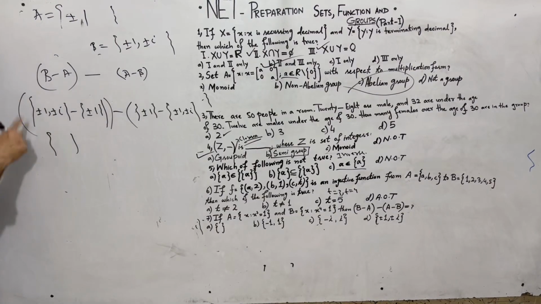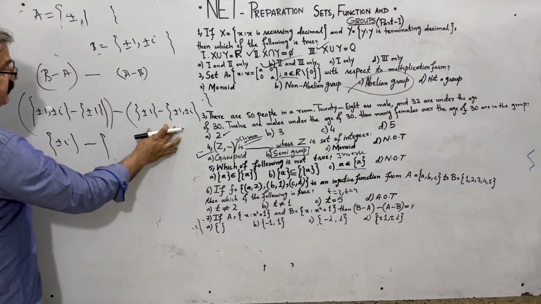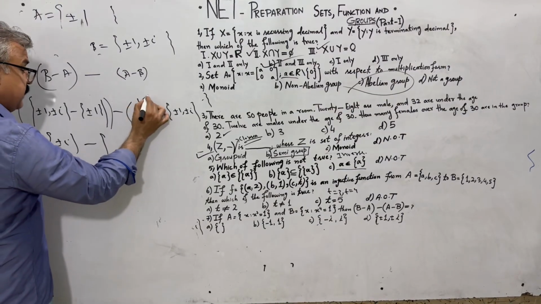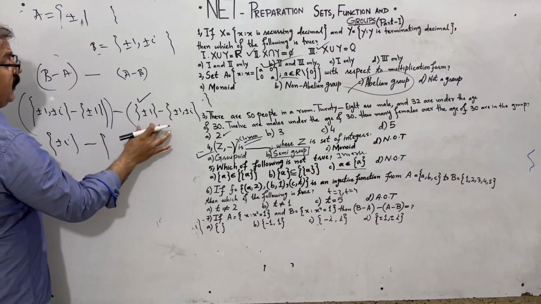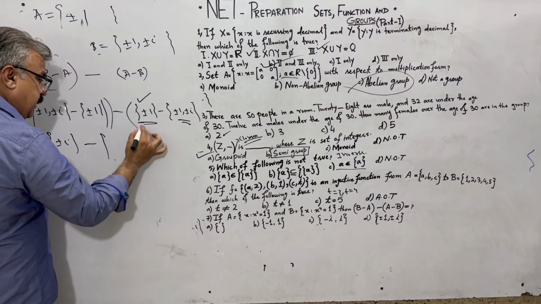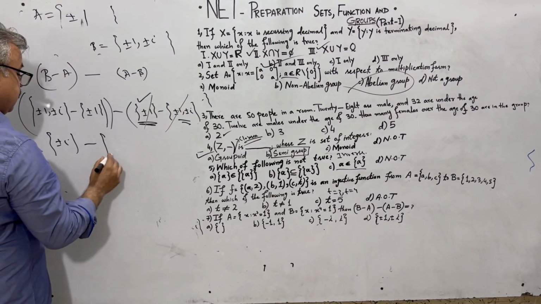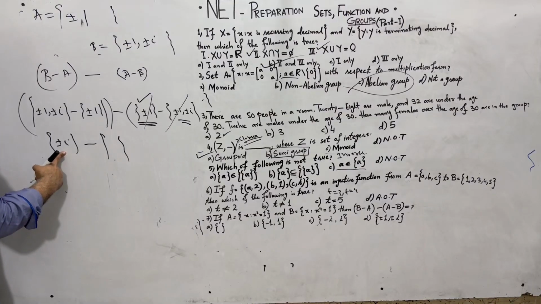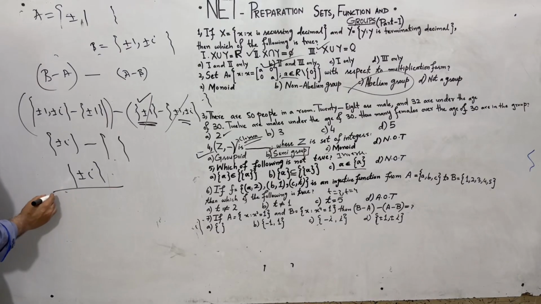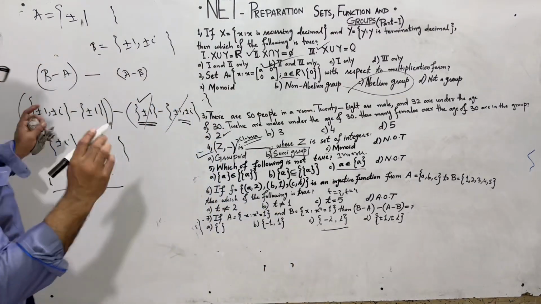Whatever is remaining in the first set, we have to write: plus minus iota. Plus minus 1 and plus minus 1 have been cancelled out. We don't take the remaining elements of the second set. We are interested in the remaining of the first one. If nothing remains in the first set, it means null set. If we remove the null set from this, we will get the same plus minus iota. So that is our answer, that is plus minus iota.